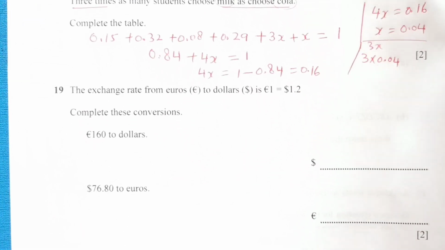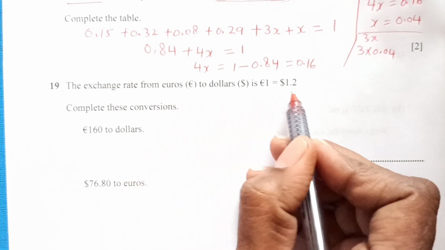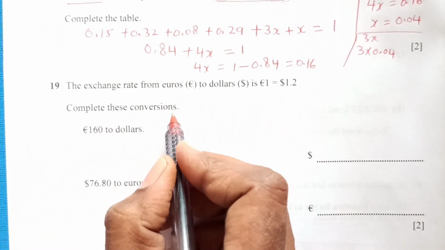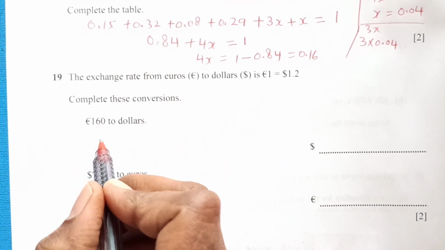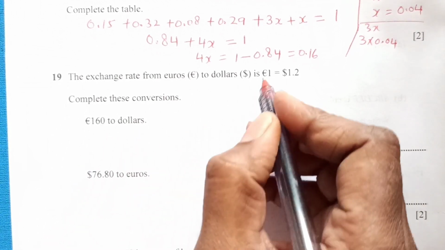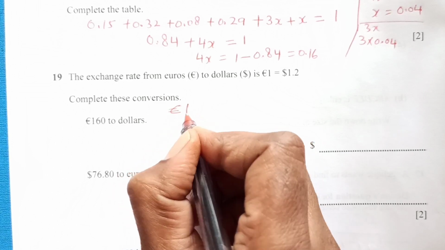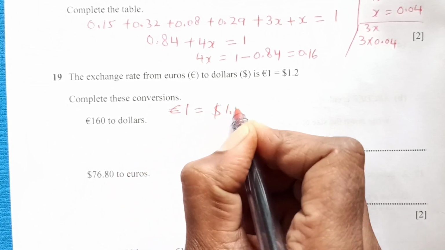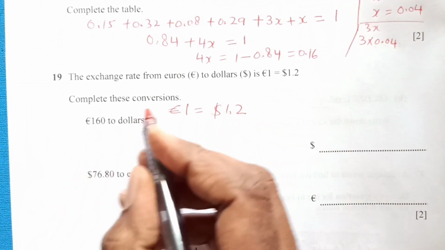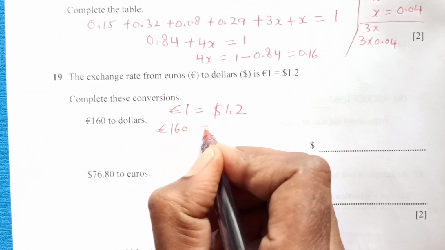Now question 19. The exchange rate from euros to dollars is given to us. Complete these conversions. So we have euros to dollars. So we can take whatever is given to us first. 1 euro is 1.2 dollars. So we need to convert 160 euros to dollars.